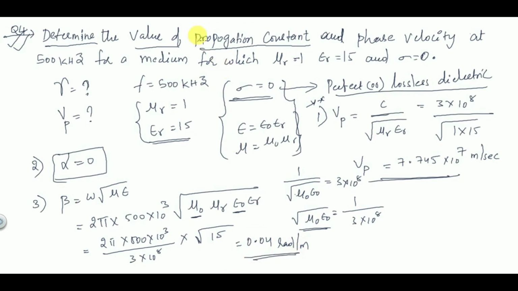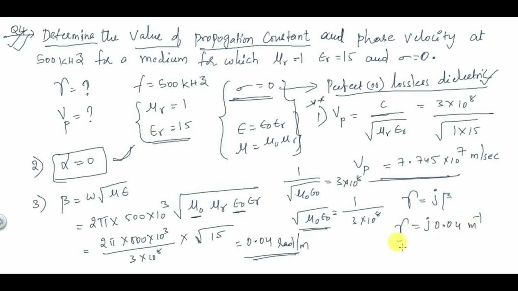And here it is asked to find the propagation constant gamma. Since alpha is equal to 0 for perfect or lossless dielectric medium, gamma is equal to j beta only. So j into 0.04 per meter.